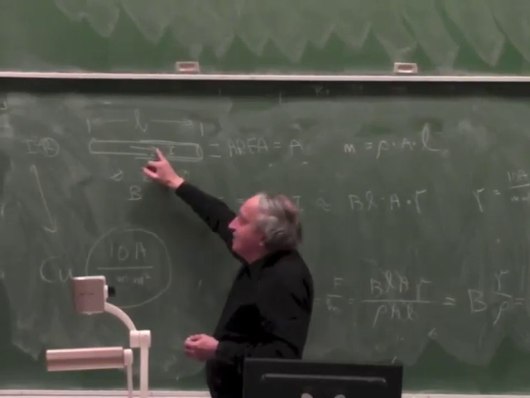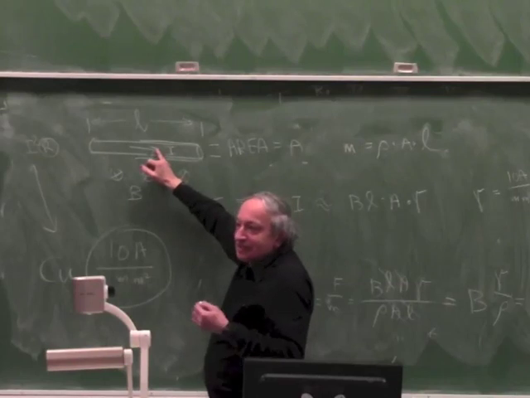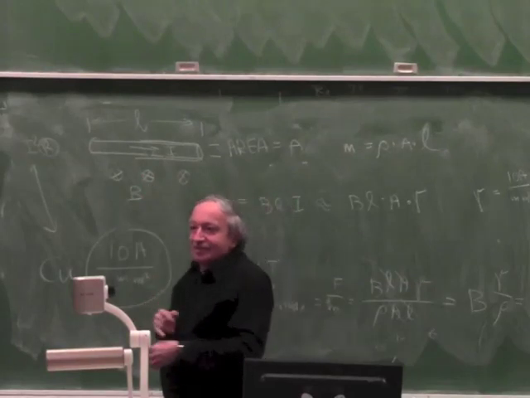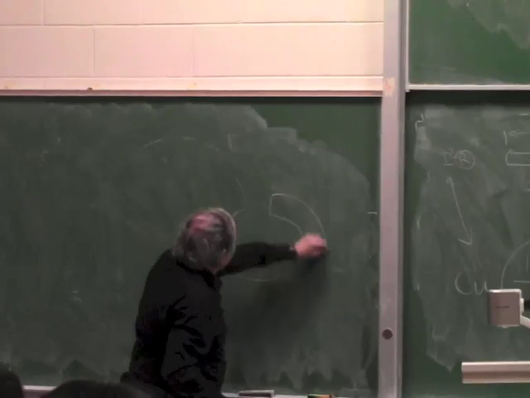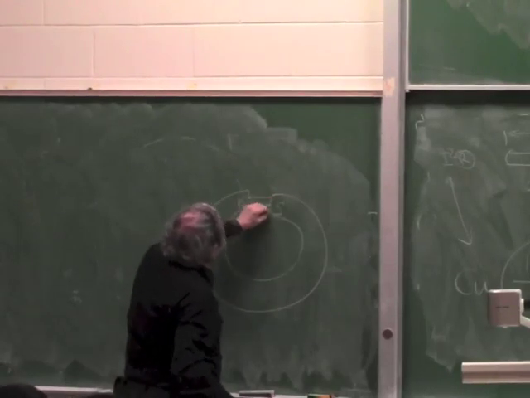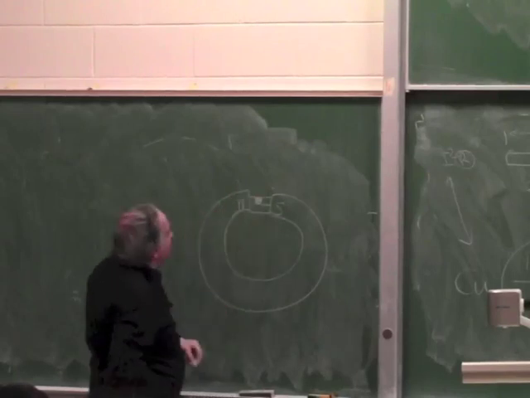But if the magnet the wire creates is enormous, it will demagnetize the permanent magnet. Okay, so if I draw it the old-fashioned way, I have a big permanent magnet, N and S, and I have a magnetic field, and I put a wire inside.